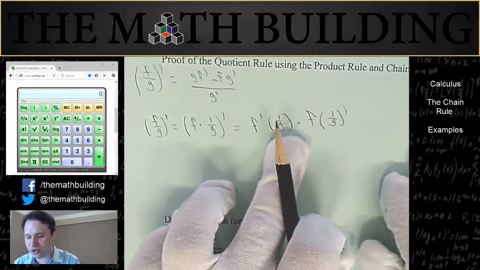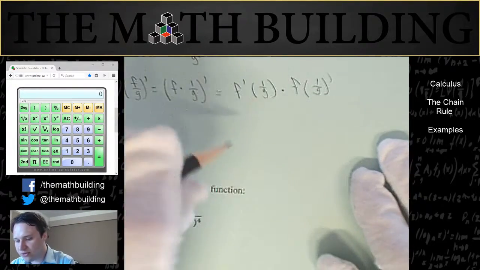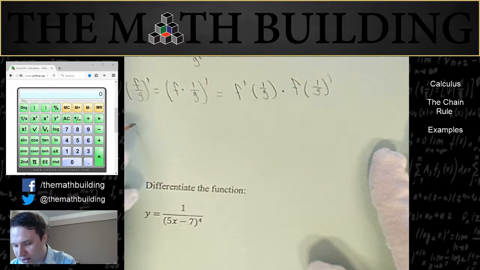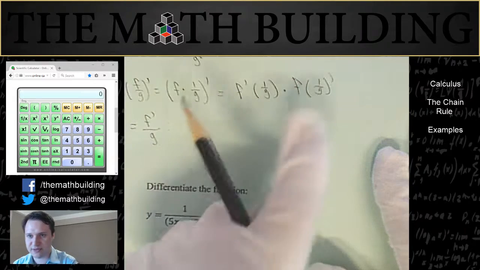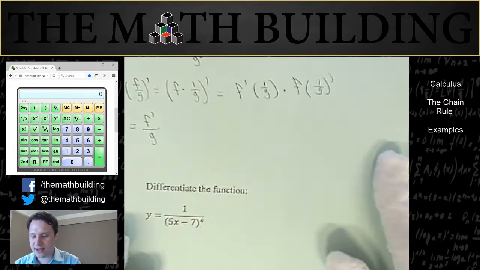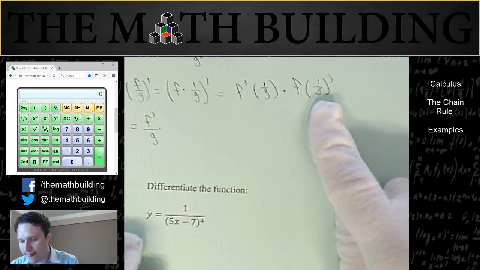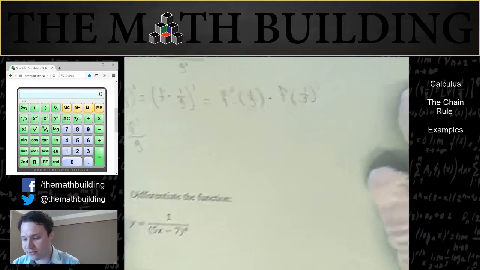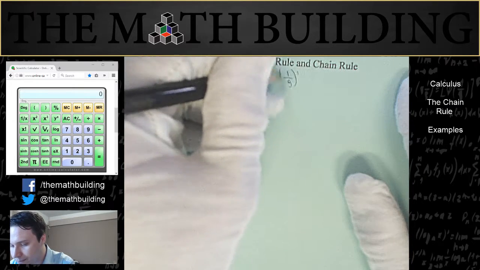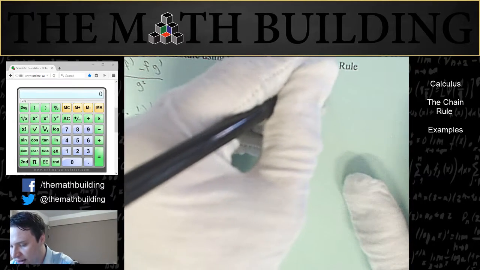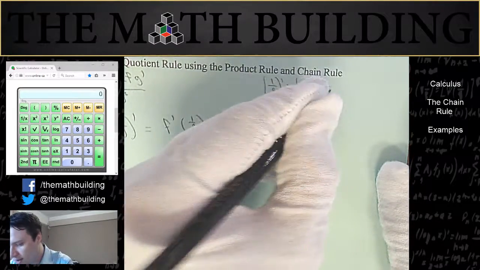f prime times 1 over g, plus f times the derivative of 1 over g. So this first fraction is just going to equal f prime over g. So that's this right here. And now I'm going to take the derivative of this, and I'm going to use the chain rule. And so the derivative of 1 over g, which is g to the -1 prime. And here's where we're going to use the chain rule.